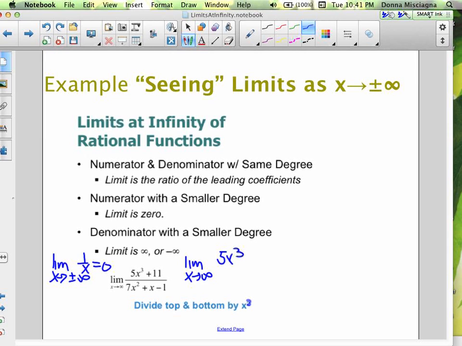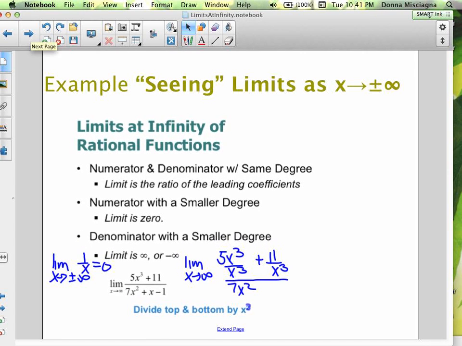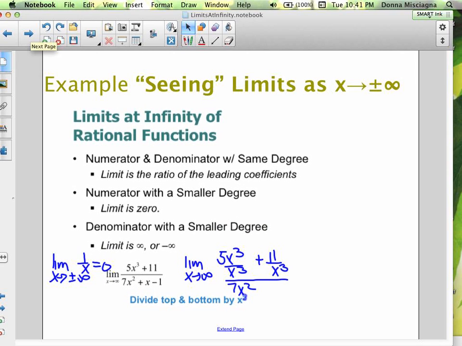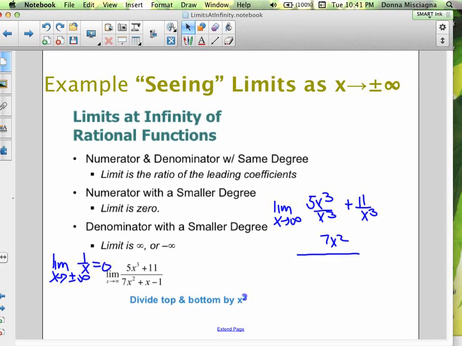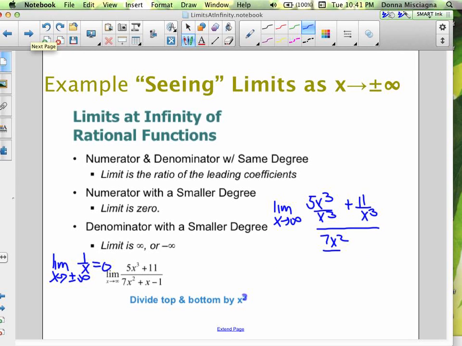So we have 5x cubed divided by x cubed, plus 11 divided by x cubed, all over 7x squared divided by x cubed plus x divided by x cubed minus 1 divided by x cubed. This guy's just a little bit in the way, so we'll just move this over here. Otherwise, I have no space to divide.